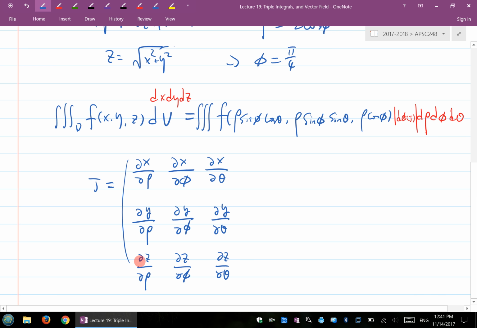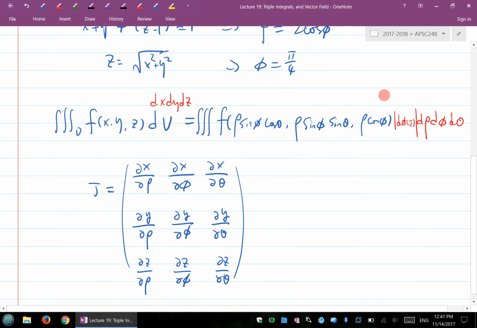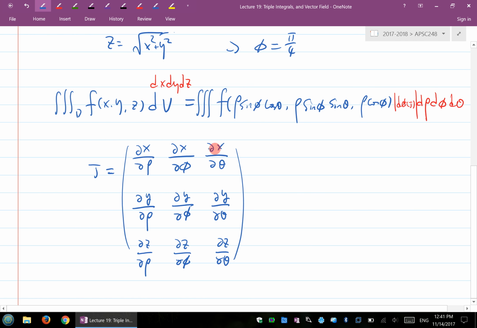So this is the Jacobian matrix, and x, y, z are the expressions over here. Now you just have to take the partial derivatives of x, y, z with each one of the variables and plug them into each of the entries here for the results.